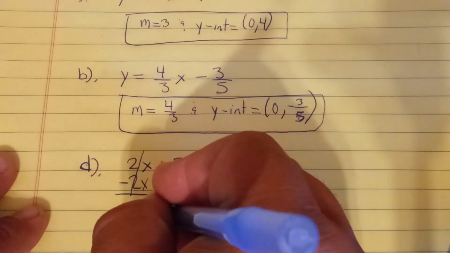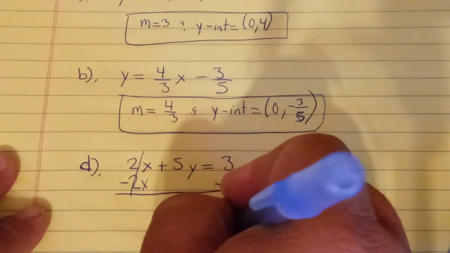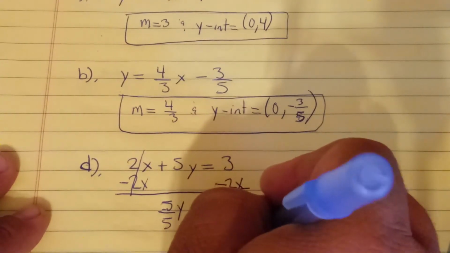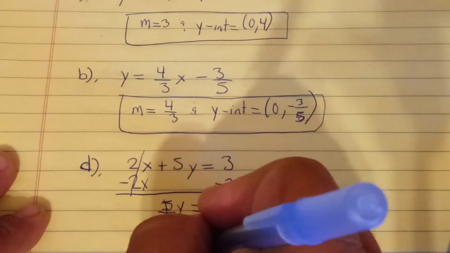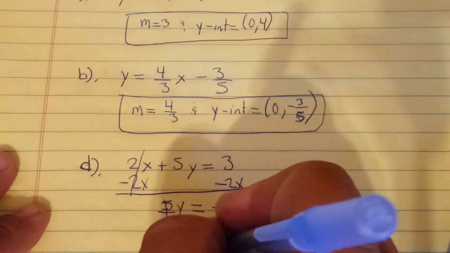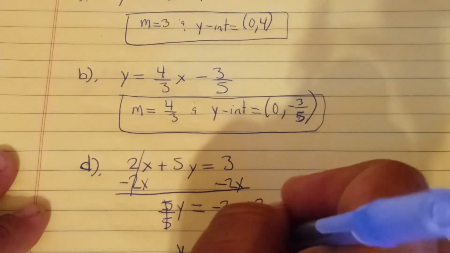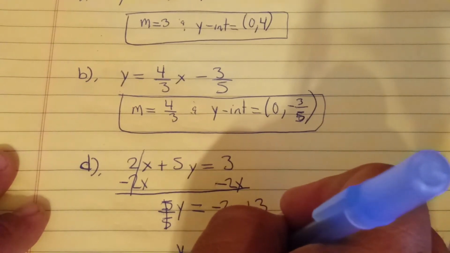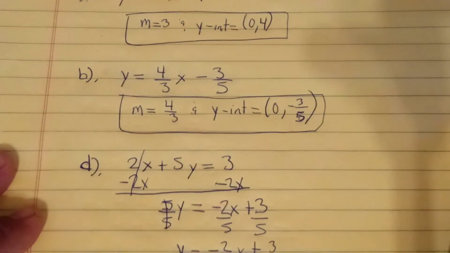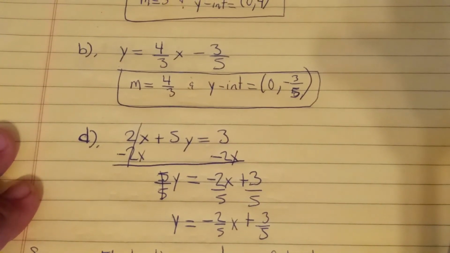You're going to divide both sides by 5. So each of these items gets divided by 5. So you have y equals negative 2/5 x plus 3/5. So now your equation is set up into that slope-intercept form.